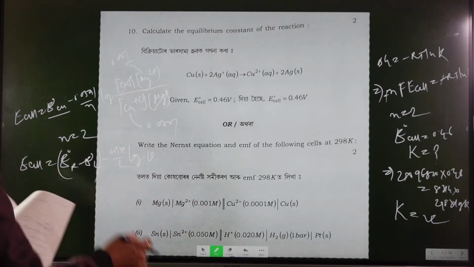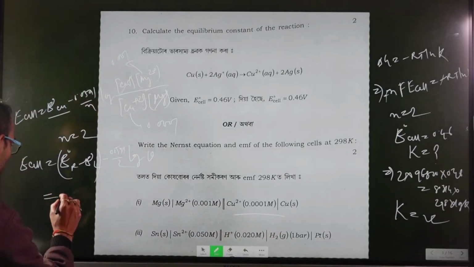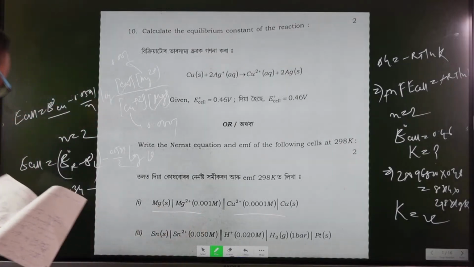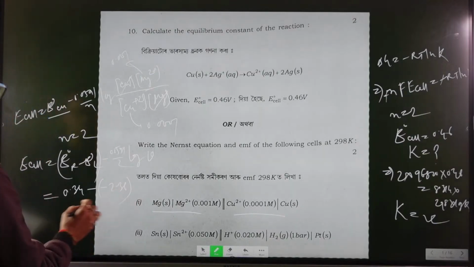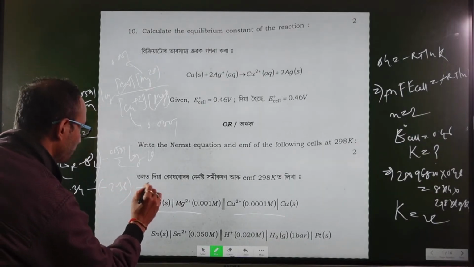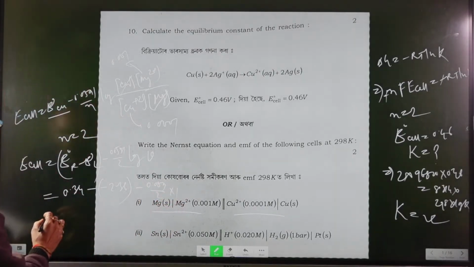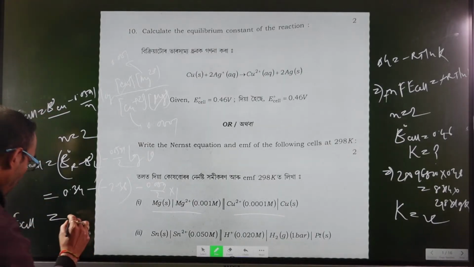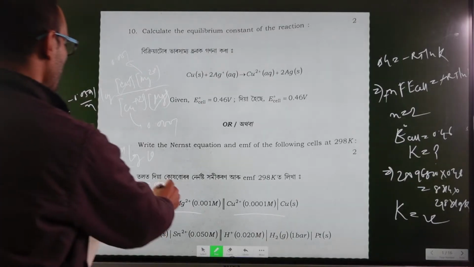The reduction half-cell potentials for this is 0.34, and for this it is minus 2.36. So after calculating all this, you will get E cell equal to how much? 2.67 volt. This is the answer for this first one.